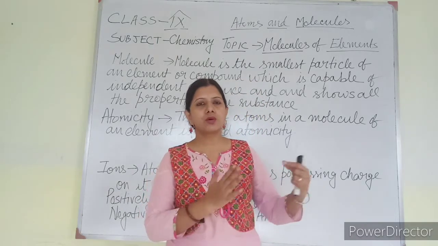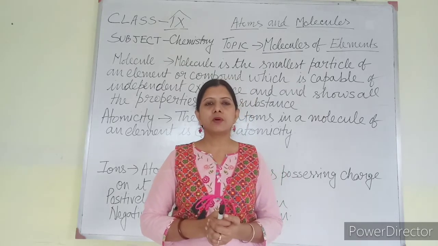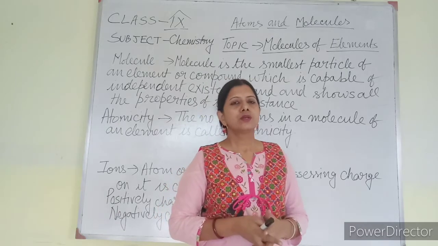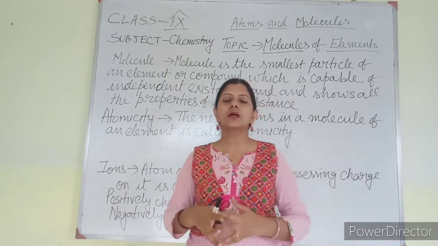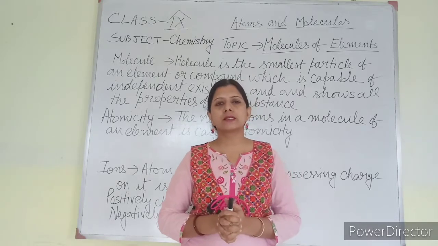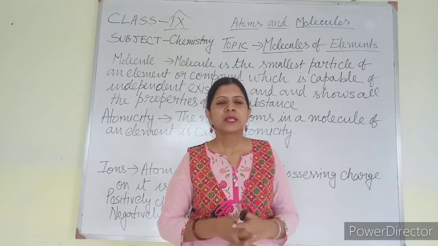About element and compound I told you earlier. What is a compound? A compound is made up of two or more than two elements combined together chemically. So the smallest particle of a compound is always a molecule. That molecule possesses all the properties of the compound of which it is made.